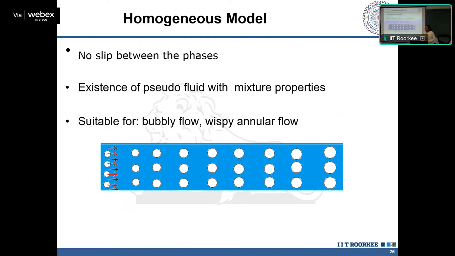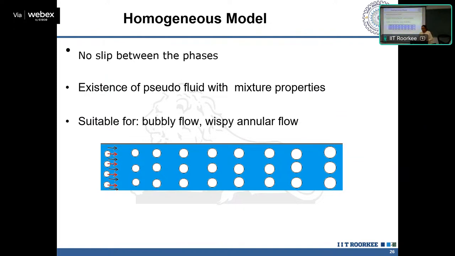Now, at this point we need some recapitulation of the existing pressure drop models for macro geometry. One such widely used model is the homogeneous model. The homogeneous model assumes there is no slip between the phases. Both the phases are well mixed, and it is acting like a pseudo fluid.